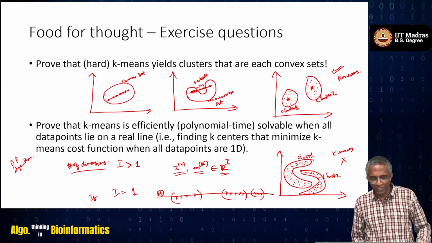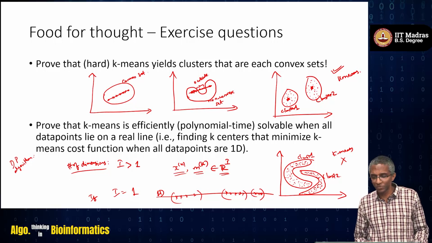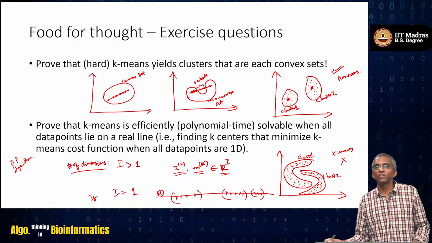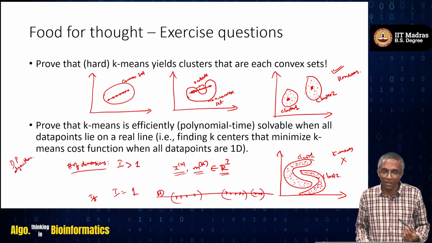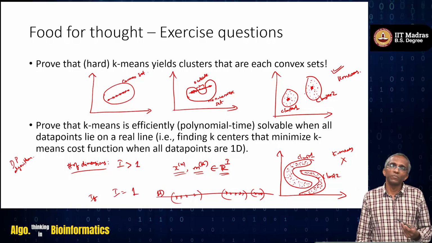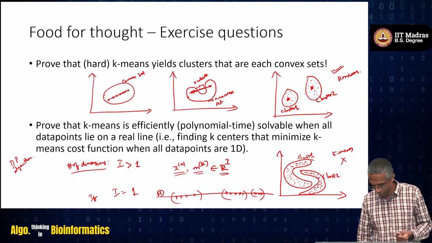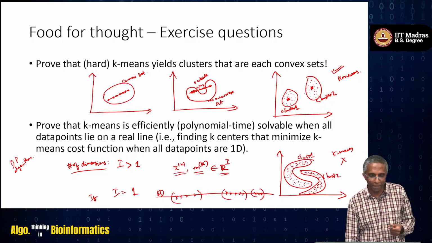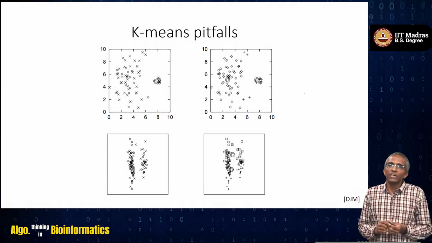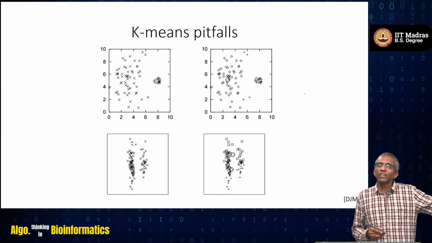If you are interested, you can try proving these statements, but you should be aware that whatever clusters are yielded by the k-means algorithm are all convex. And if the dimension is 1, there is a way to use dynamic programming to get efficient algorithms, and you do not have to rely on the heuristic to get the global optimum. So, that concludes our discussion of the hard k-means algorithms.